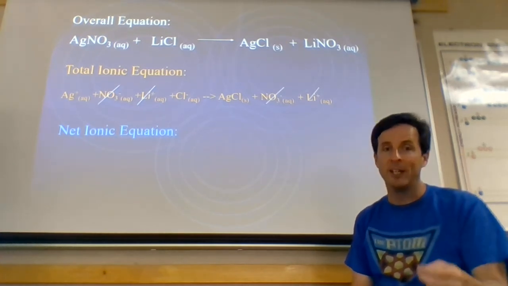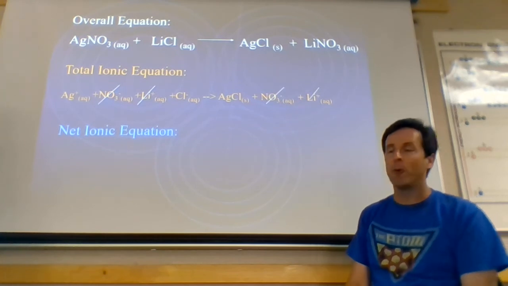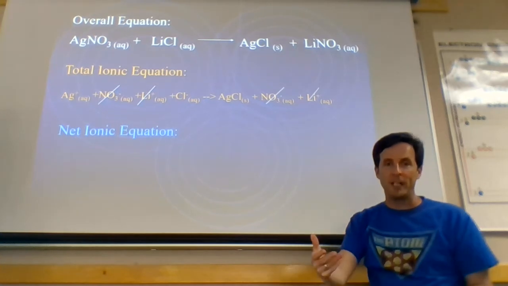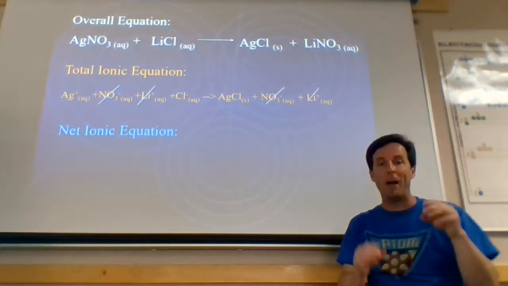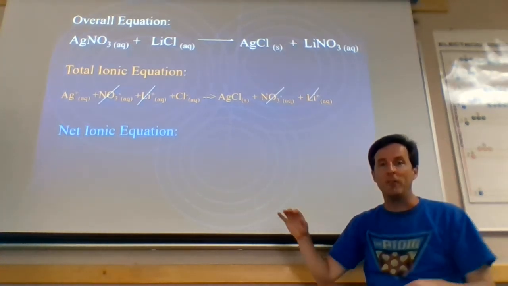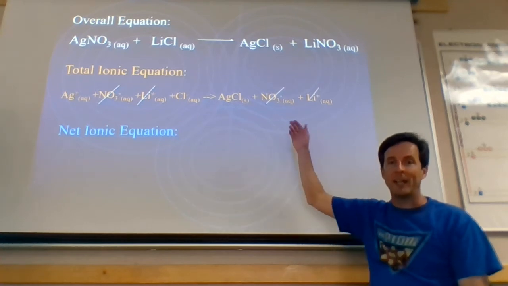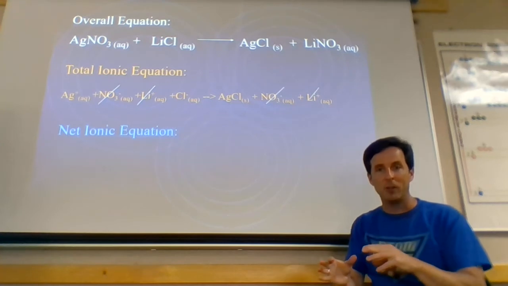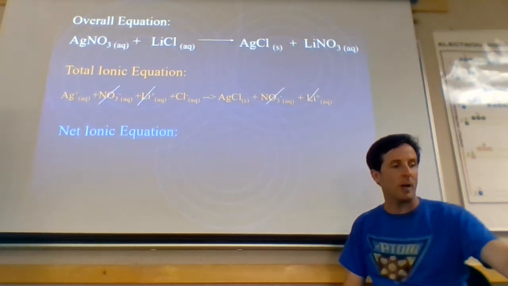Okay? Now the key here is, if you're not careful about how you label everything in the total ionic equation, putting the physical states and the charges, balancing the equation properly, if you don't do all that right, then when you try to cancel things out, you might get confused and cancel the wrong things out, and it's going to mess up your net ionic equation.